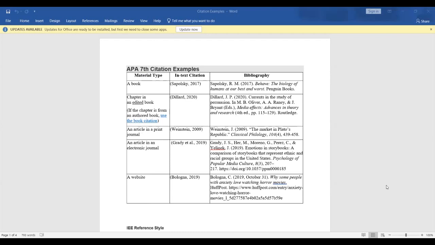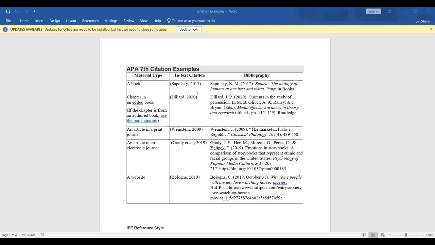So when you use your in-text citations, and when it comes to the bibliography or reference section, this is how it should come. If it is a book, author name, this bracket is important, no? Bracket, author name, comma, then year of publication.